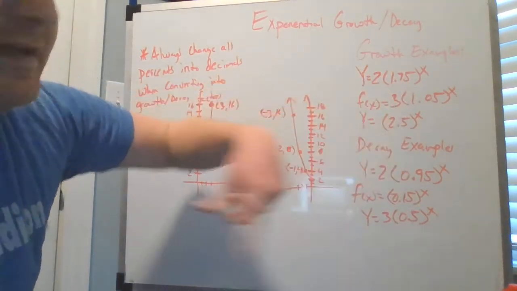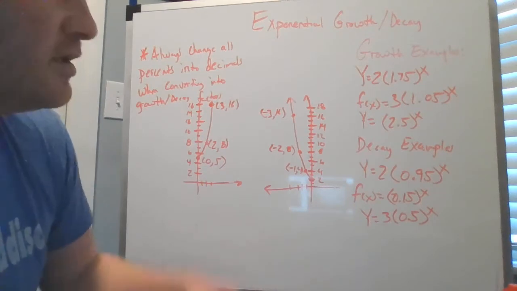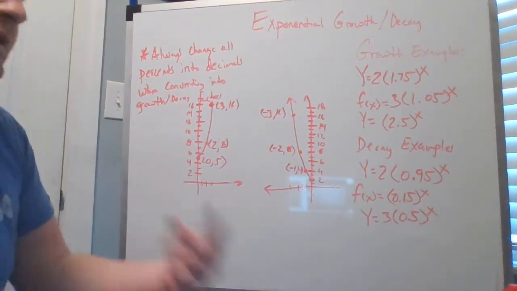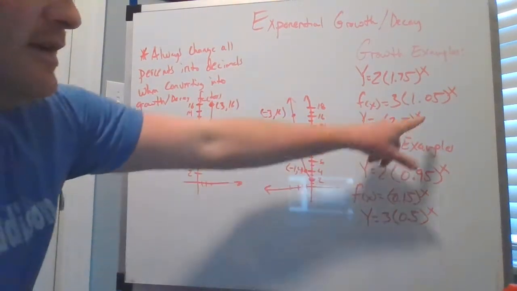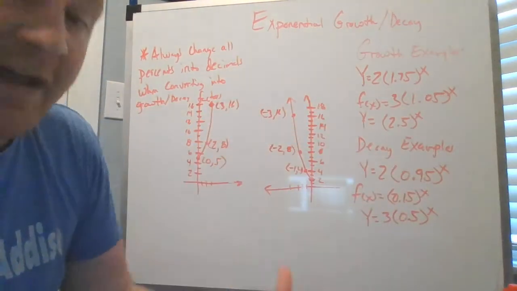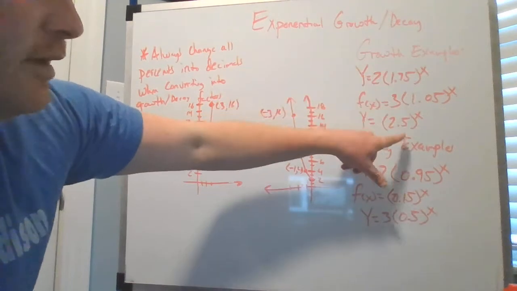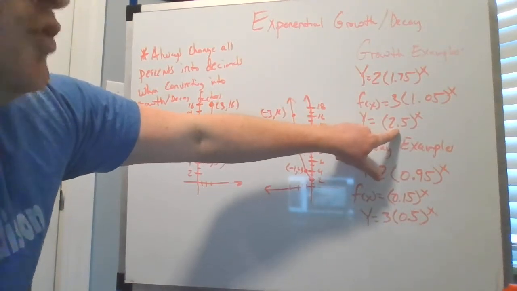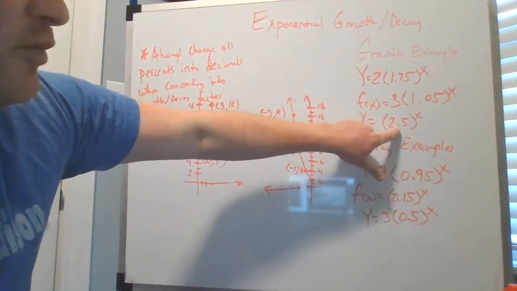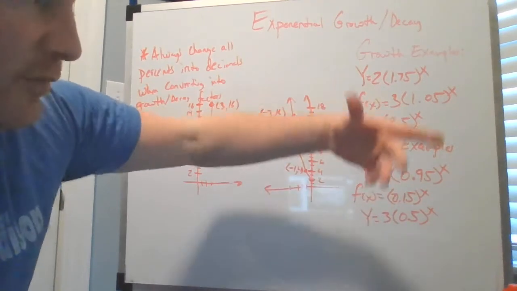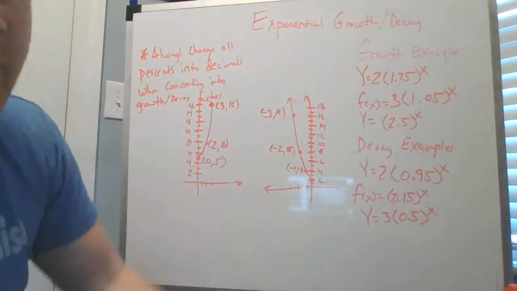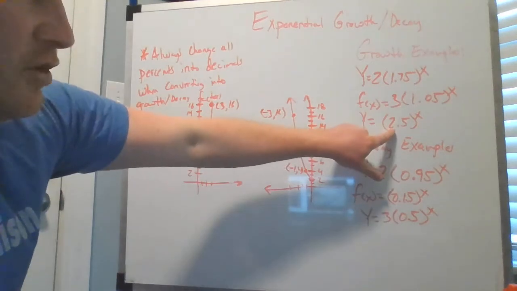If this was a 0.75, that's a 75% increase. So you always add 1 to the decimal. So it's 1.75. This 0.05 is 5% as a decimal, so that's really 1.05. Again, you just always add 1. In this case, you're going to have 2, and I'll get into what this means at another point. But again, 0.5 is 50%, and this is actually 150% because that's how we got the 2 right there.